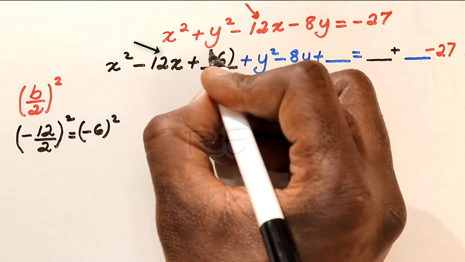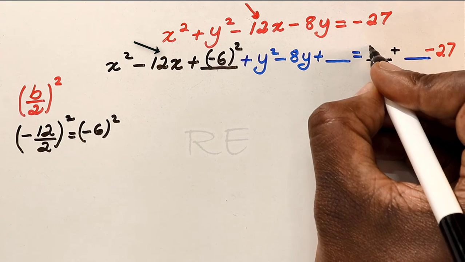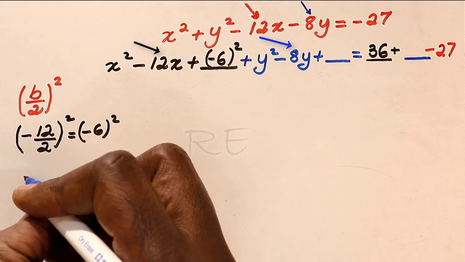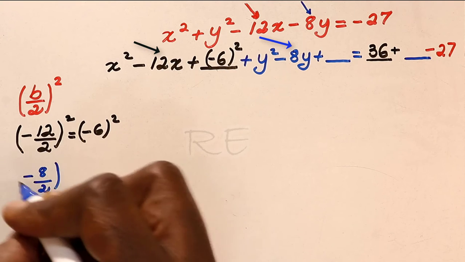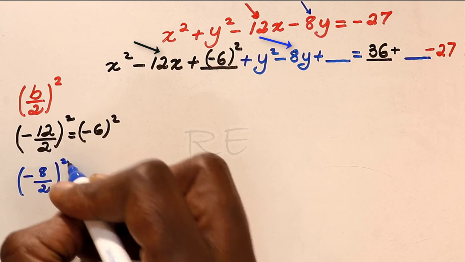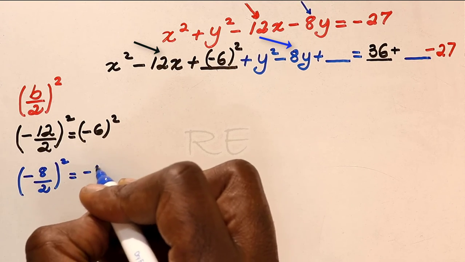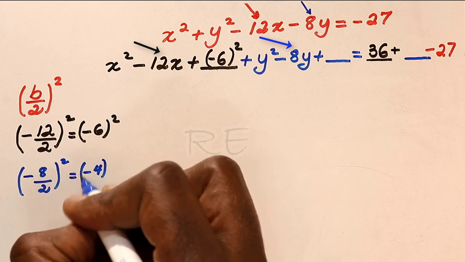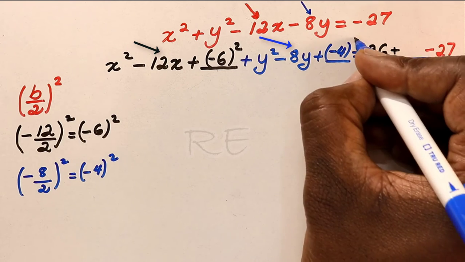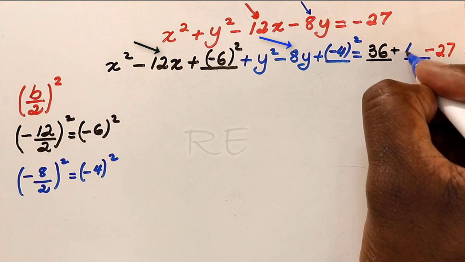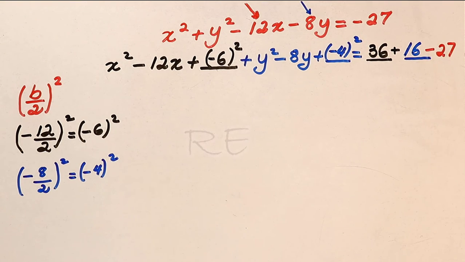Let's add negative 6 squared to the left side, and negative 6 squared is 36. For the second binomial, b is negative 8. So it's negative 8 over 2 squared, which is negative 4 squared. Negative 4 squared on this side, and negative 4 squared is 16.